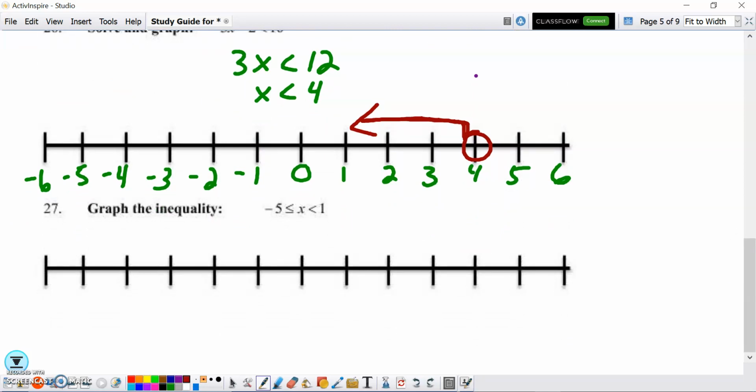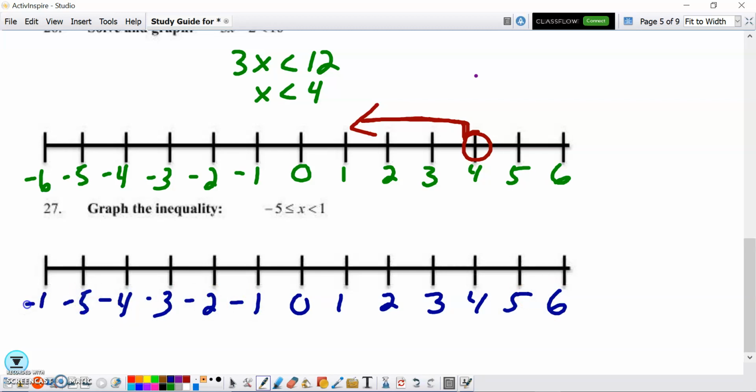Number 27, there's nothing to solve for. It's a compound inequality. X is already by itself. It's in the middle. So let me put the numbers on the number line. All right, so solid dot on the negative 5.